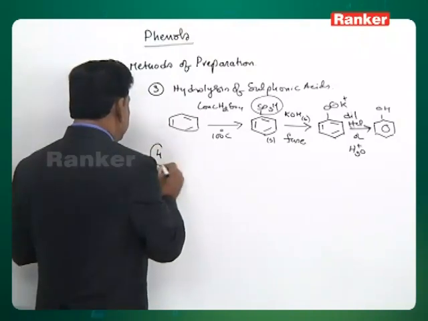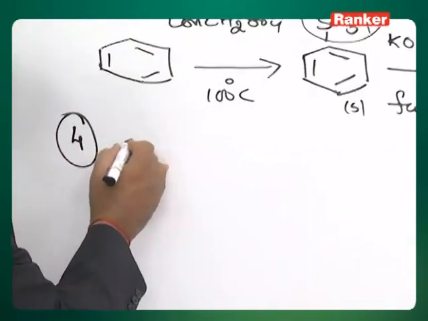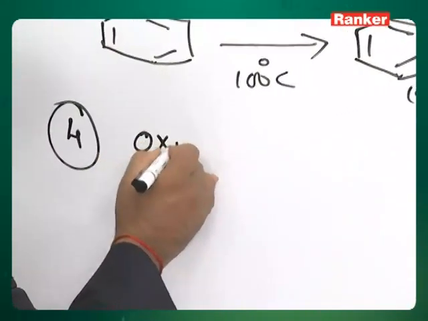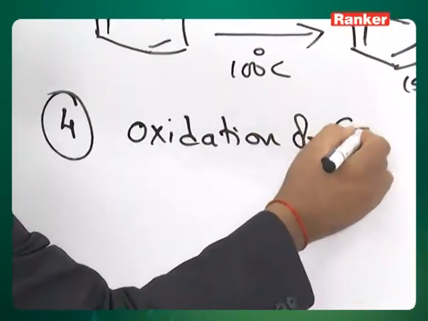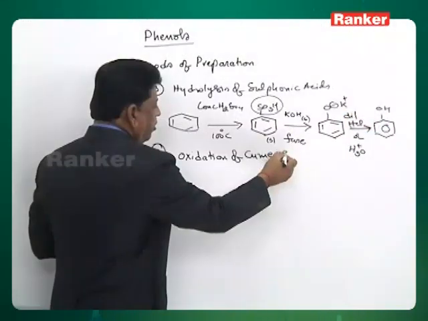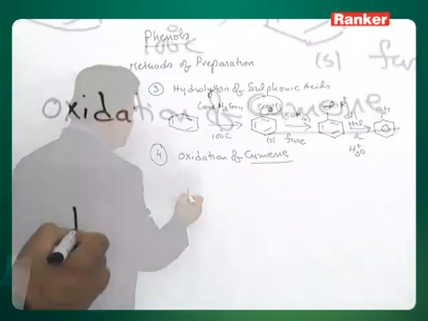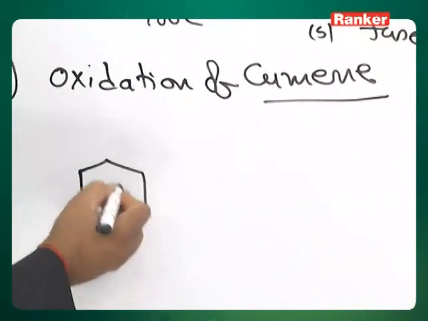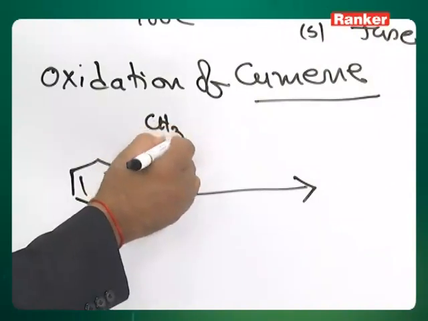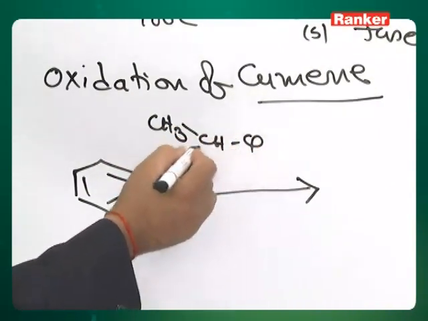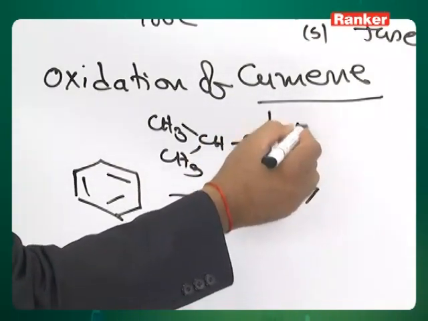Then lastly, we have one more commercially feasible reaction, that is the oxidation of cumene. Cumene is isopropyl benzene, which in turn can be prepared again from benzene. Benzene is treated with isopropyl chloride in presence of anhydrous aluminum chloride.